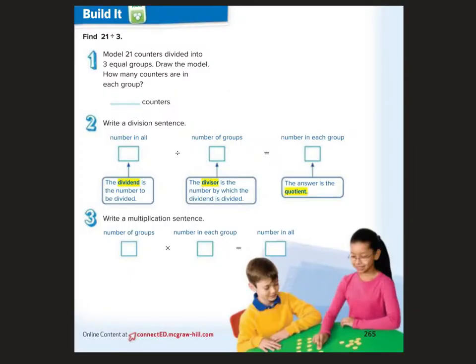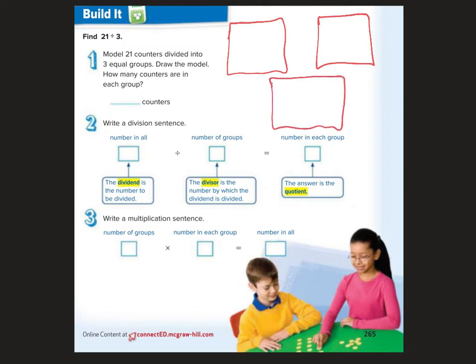Our first example says we need to find 21 divided by 3. If I'm looking at 21 divided by 3, I could model that by taking 21 counters and dividing them into 3 equal groups. So let's do that. 1, 2, 3.